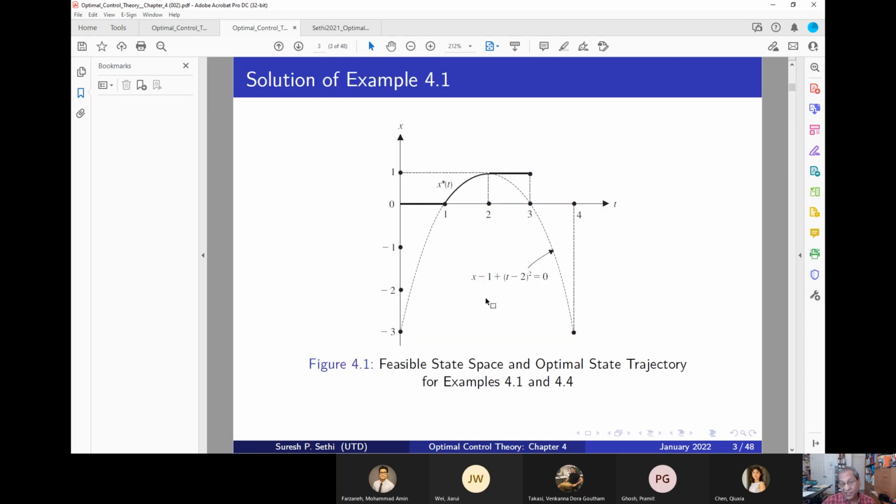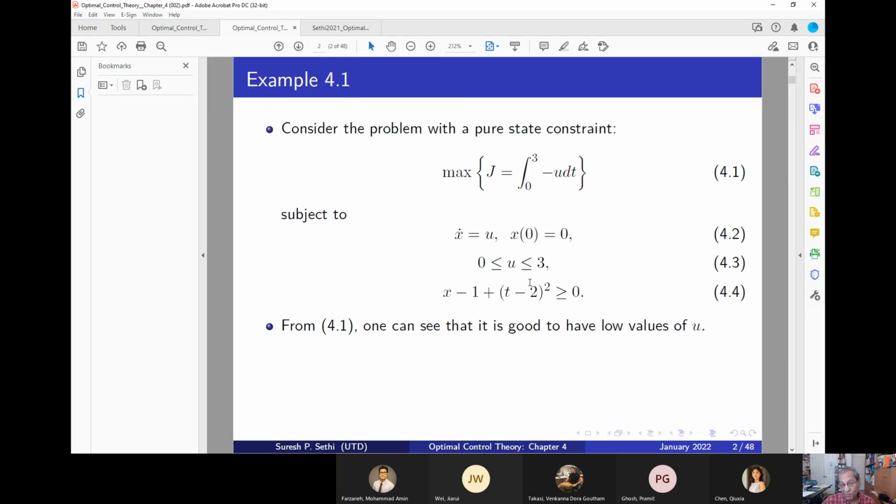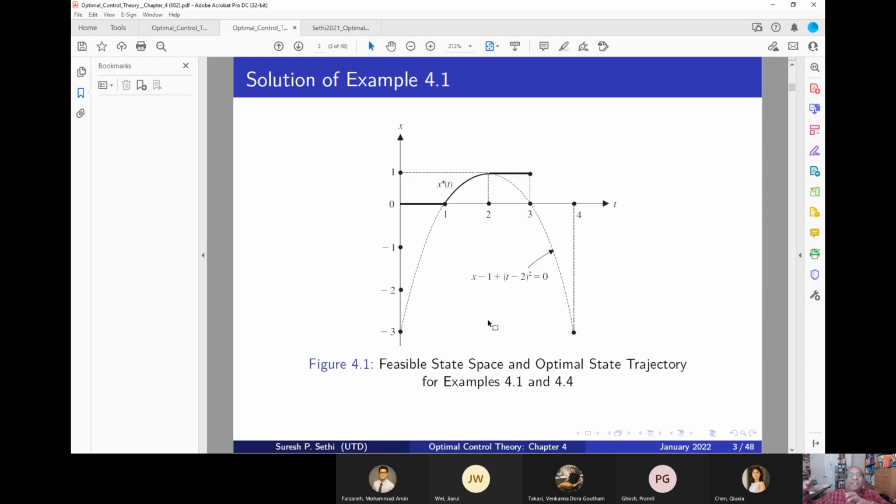That means I would need a control u which is bigger than 3. So no feasible solution from there. So V(x,t) is minus infinity for those x. So I need to identify all of those x(t) for which V(x,t) is minus infinity, take x(t) which is feasible, find the optimal control from there, and then compute V(x,t).